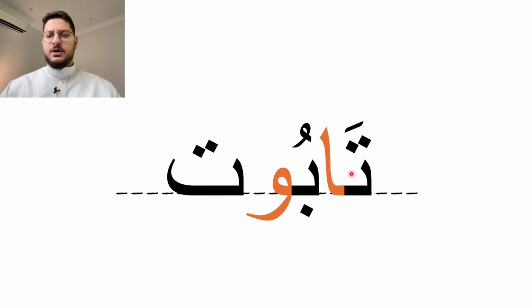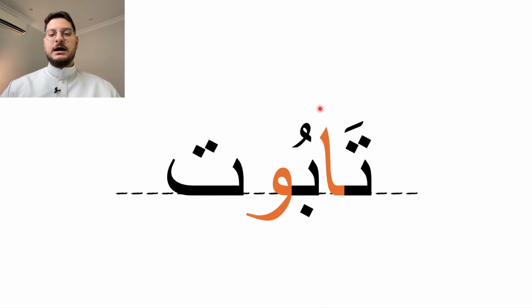Next word. We have the letter with two dots on top now. So it's ta. And then we have the alif. The alif makes the ta twice as long. So it's ta. And then what do we have? We have the letter with one dot below. So that's the ba. With the dhamma, it becomes bu. And then we have this letter in orange, the wow. It makes the bu twice as long. So it's bu.